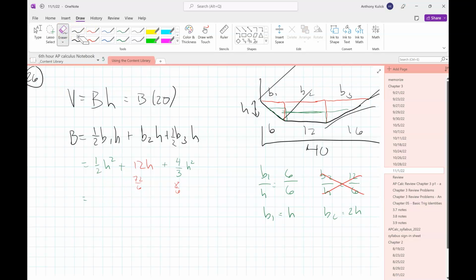Fair, excellent point. Excellent point. All right. So 1/2. That's 3/6. That's 8/6. So that's 11/6.